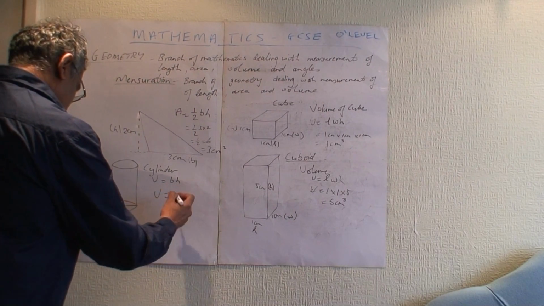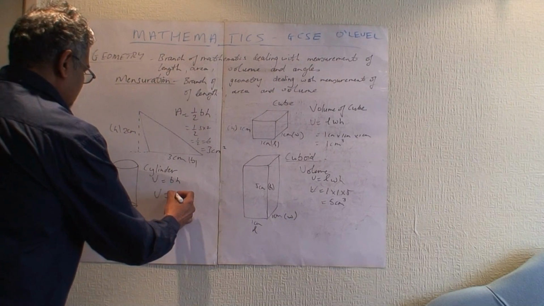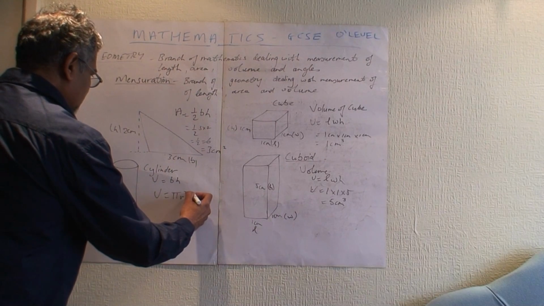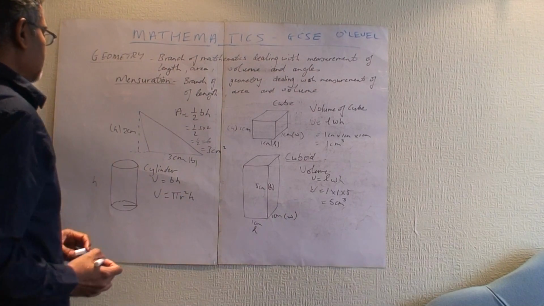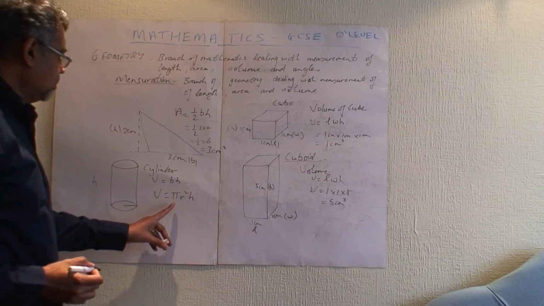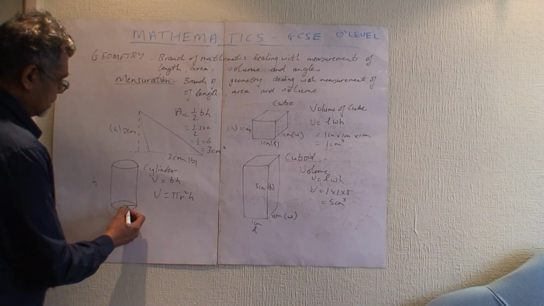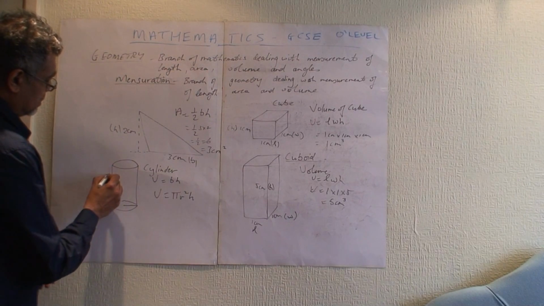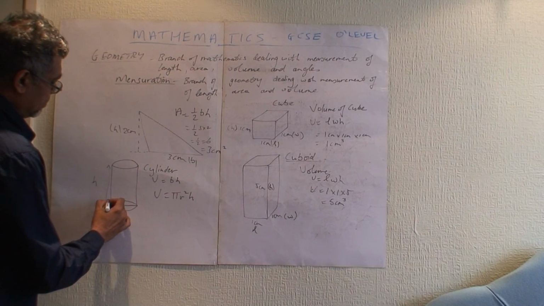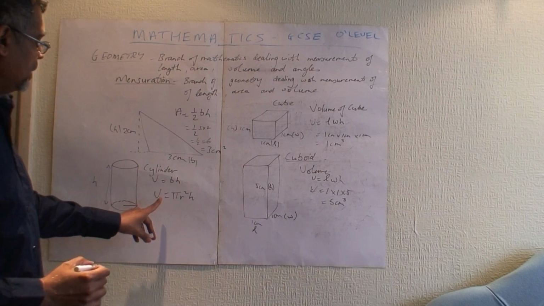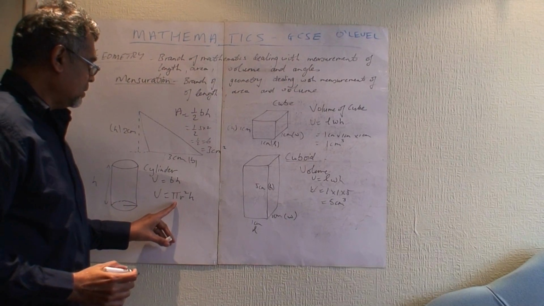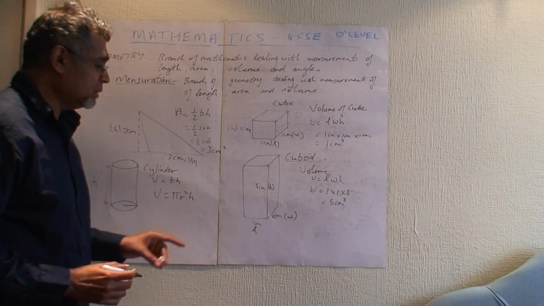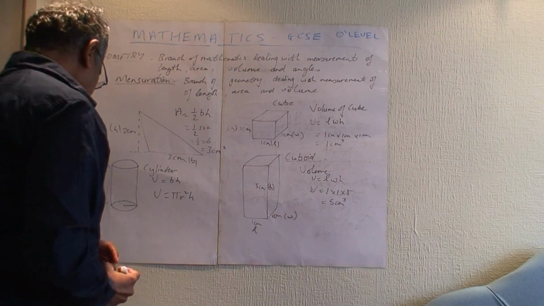Also it is base times height, but the formula is pi r squared multiplied by height. So we know pi. Say we give it the radius, and then we have the height between here and here, the length. Then you can calculate it using the formula, volume is equal to pi r squared h.